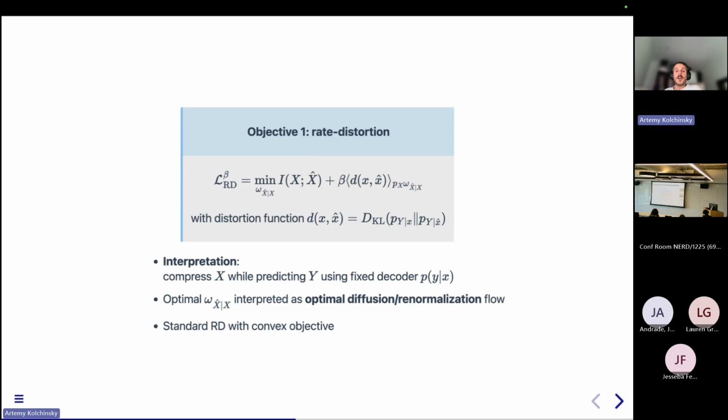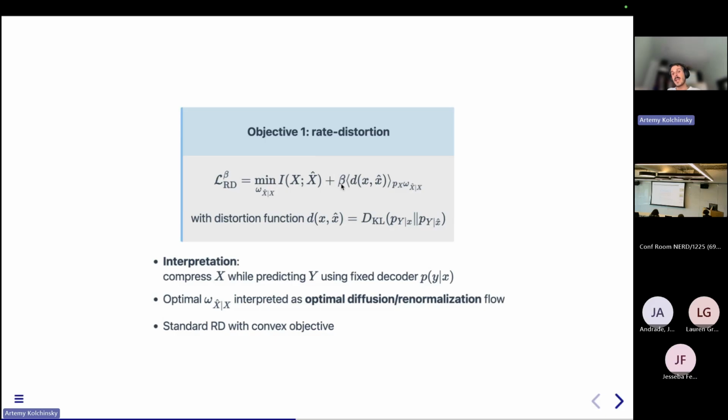Let me point out, for example, that for this distortion function, if the predictions on Y for a given x have a different support than Y given x hat, and in particular, if the support of Y given x hat is smaller than that of Y given x, then this is going to be infinite for that pair of x and x hat.